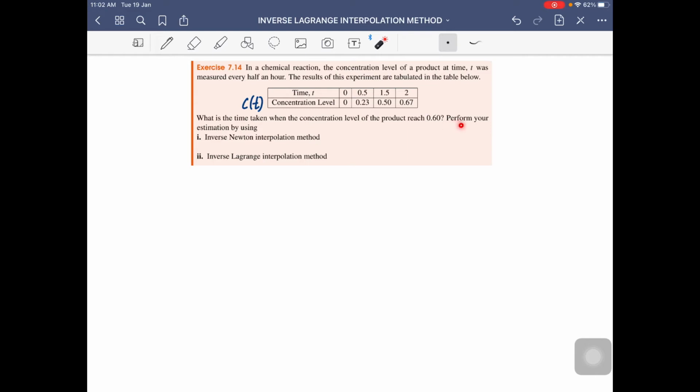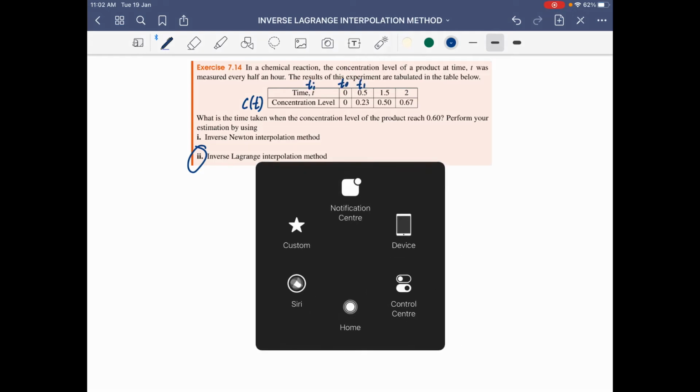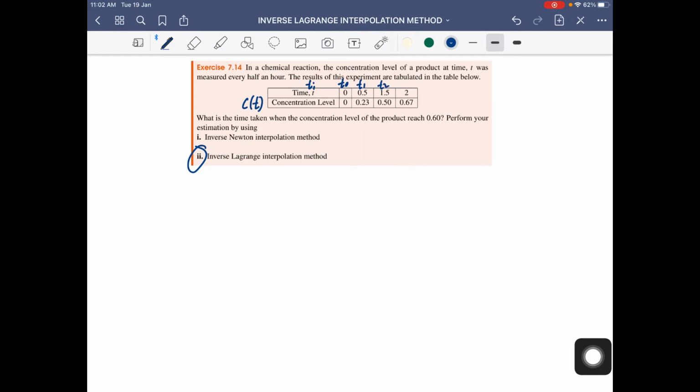You're asked to perform your estimation using, let's focus on the second part, the inverse Lagrange interpolation method. So this is my data for Ti. I have here T0, T1, T2, T3, and I define my Ci for concentration, so I have data for C0, C1, C2, and C3.